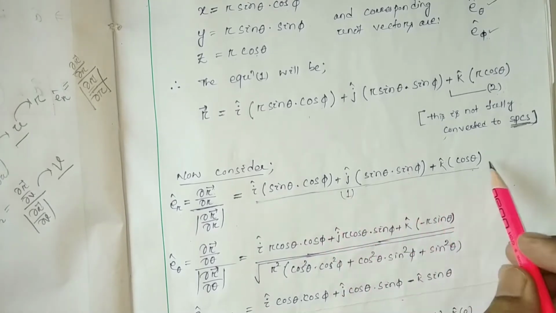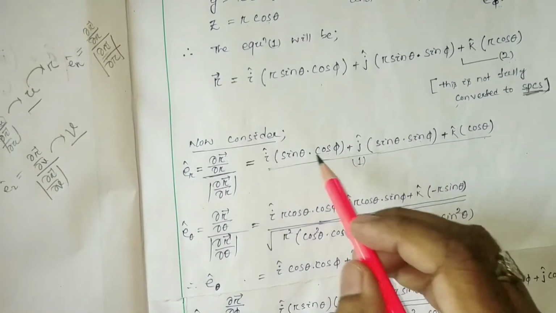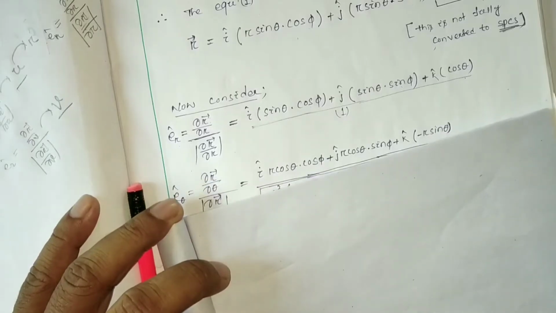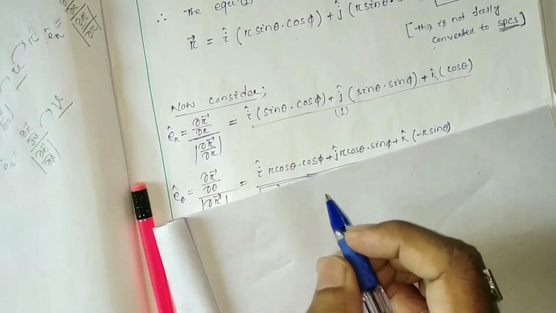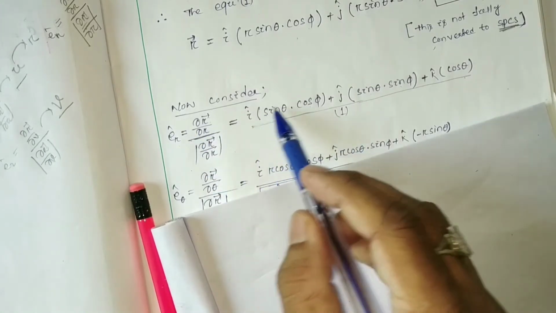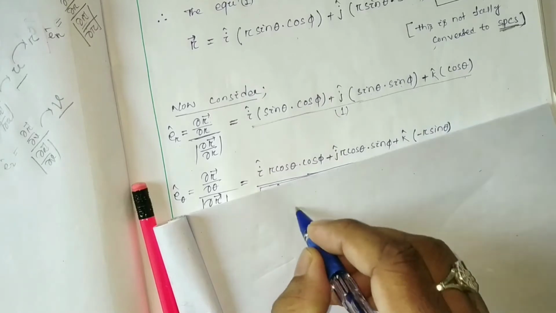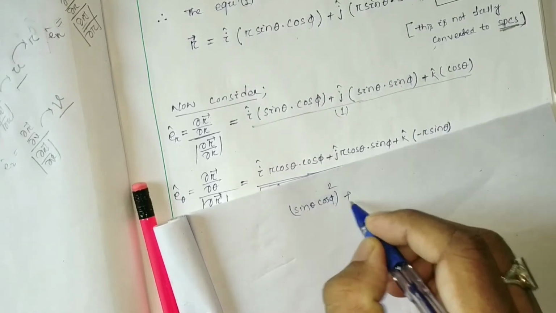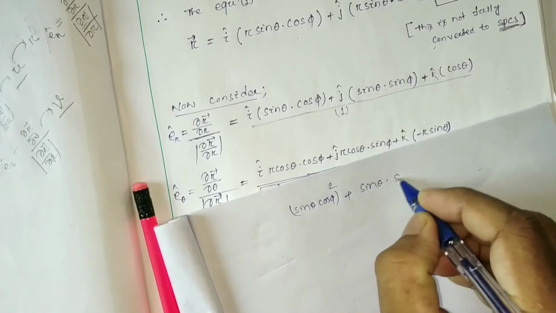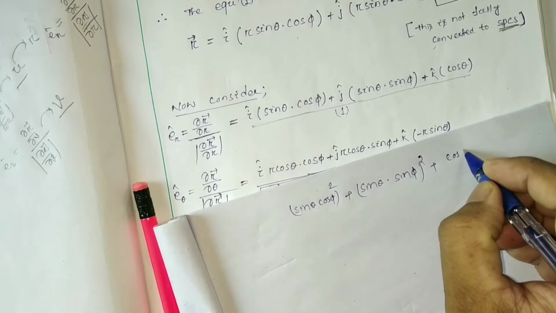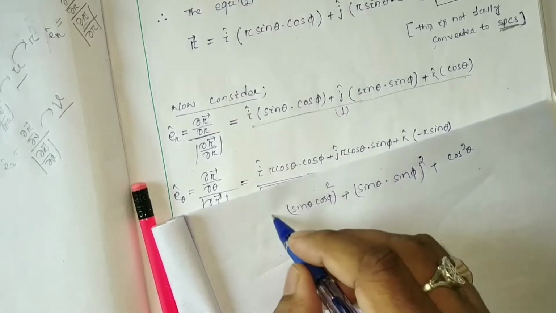Then the modulus of this means the square of this one, square of this one, and square of this one. Here the modulus of this value will be 1. How is it? The modulus, the numerator, will be root over sin theta cos phi whole square plus sin theta sin phi whole square plus cos square theta.